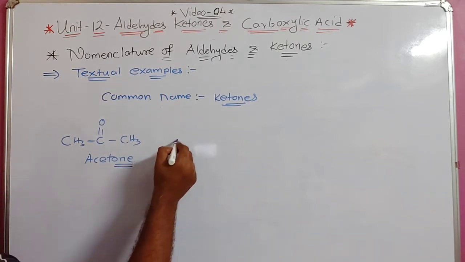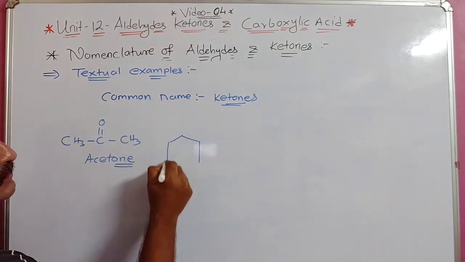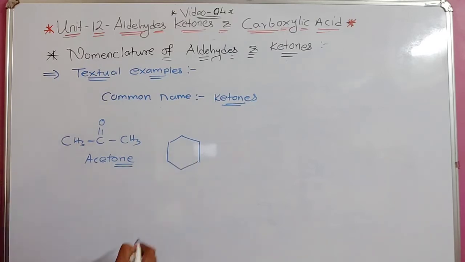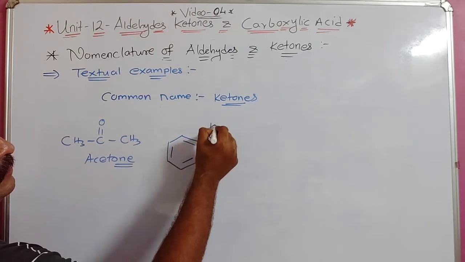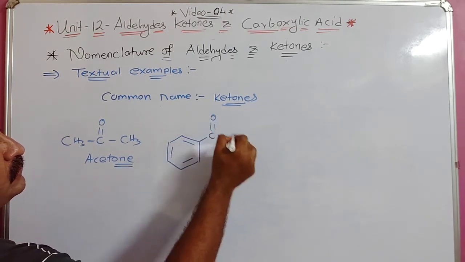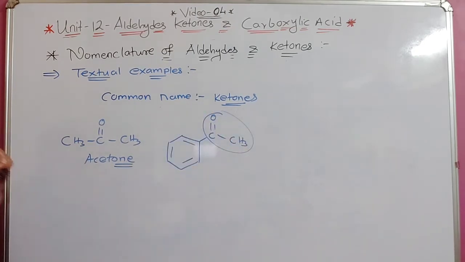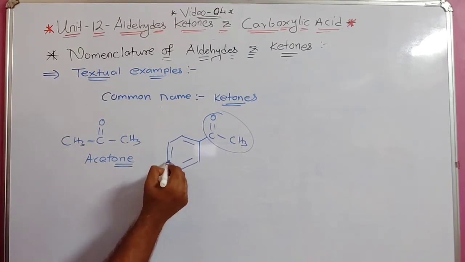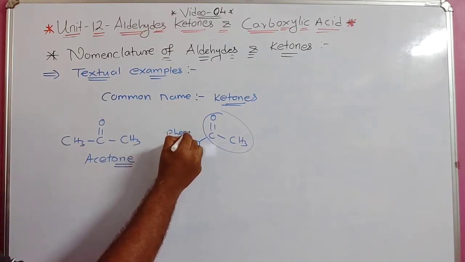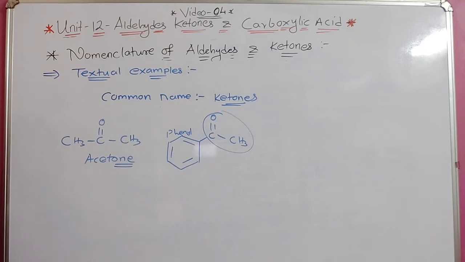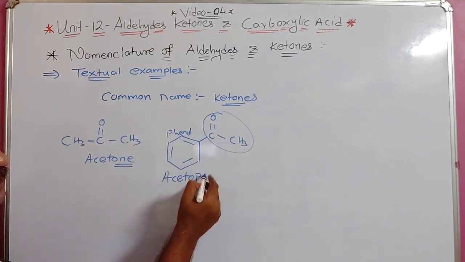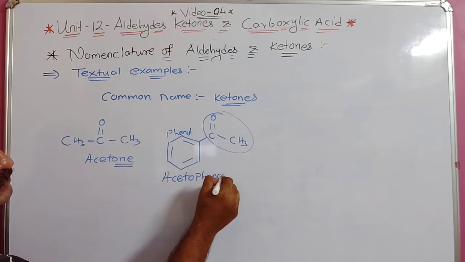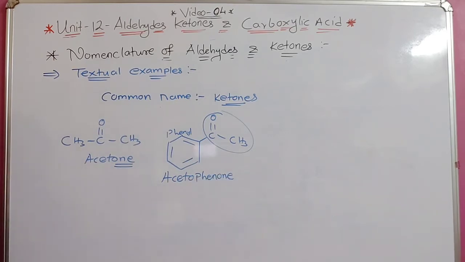In the same way, a benzene ring is written in your book, with C double bond O and CH3. This is your aceto group and this is your phenyl group, and for ketone we use the word one. So the name will be acetophenone, the name given in your textbook.